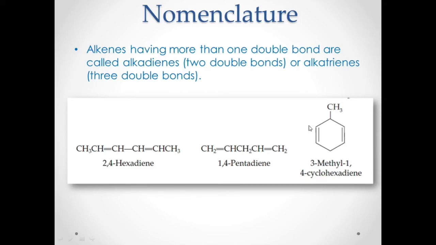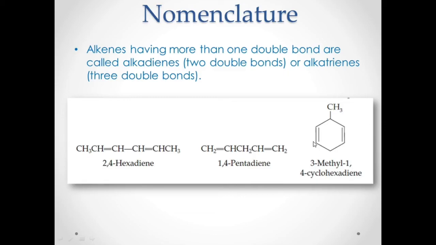So if you number this as 1, then that becomes 2, 3, 4, 5, and 6. However, you cannot attain the lowest number for your substituent, although you can get the lowest number for the diene. For the substituent, if you number this as 1, 2, 3, 4, 5, 6, that becomes 6.